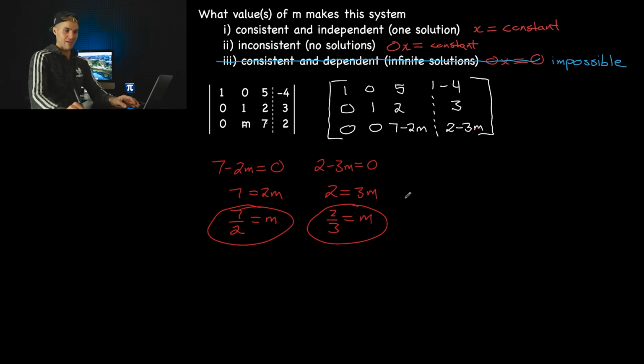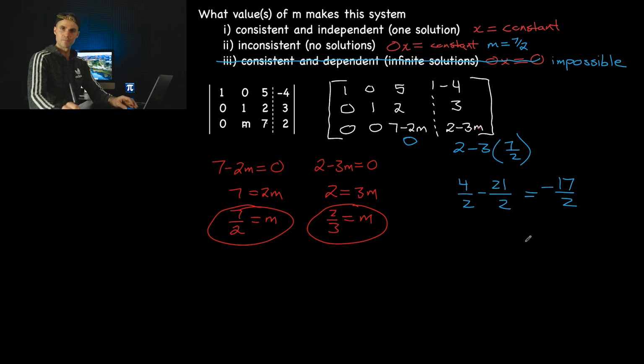So notice that if m is equal to 7 over 2, what's going to happen is we're going to end up with a 0 here, and then on this side we're going to have 2 minus 3 times 7 over 2, which I'm not sure what that's going to be. Basically the point is it's not going to be a 0, right?